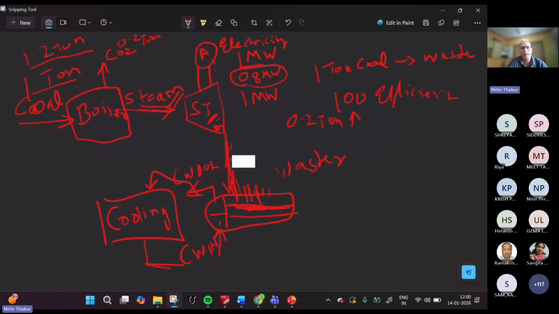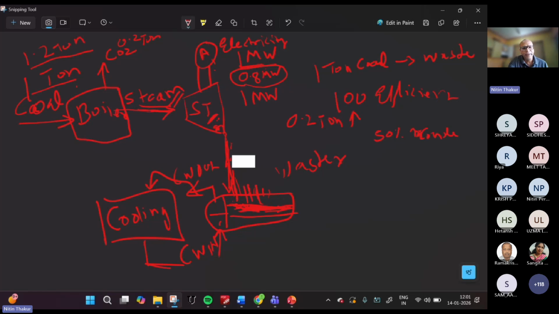Same way, if this condenser continues to scale even further, let's say it becomes 50% inefficient, or 50% scale condition on the condenser.